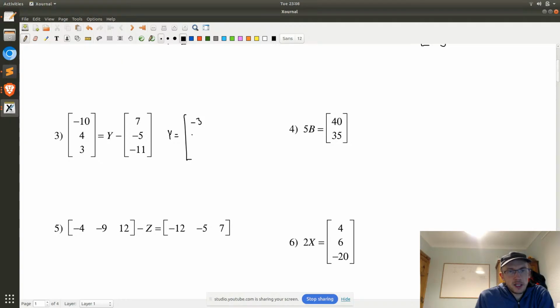What minus 5 is 4? So what plus 5 is 4, and the answer is -1. What minus 11 is 3, so what plus 11 is 3, and the answer is -8. A scalar of 5 multiplied by a 2 by 1 column matrix B. It's pretty obvious.